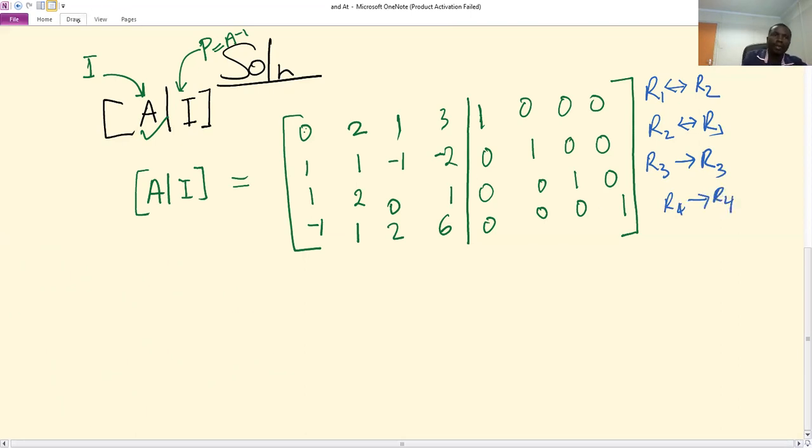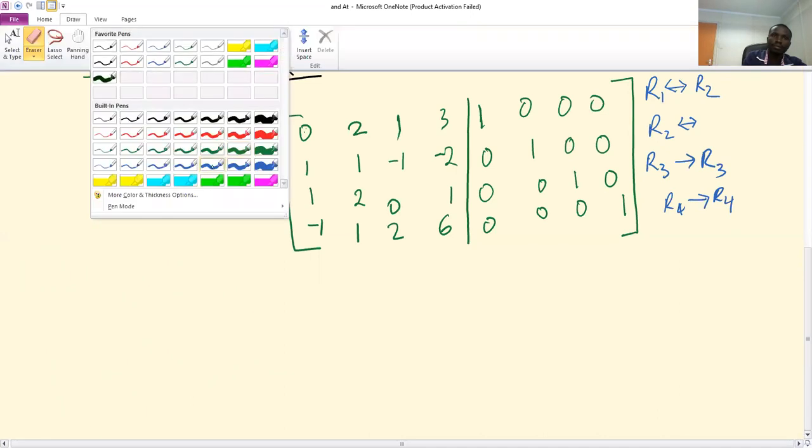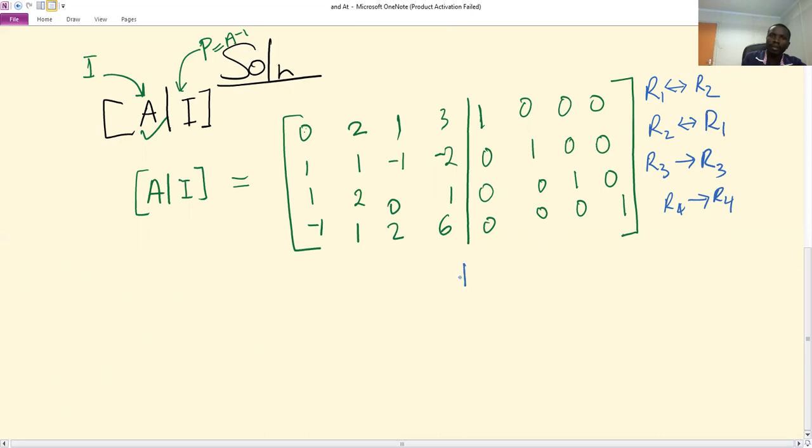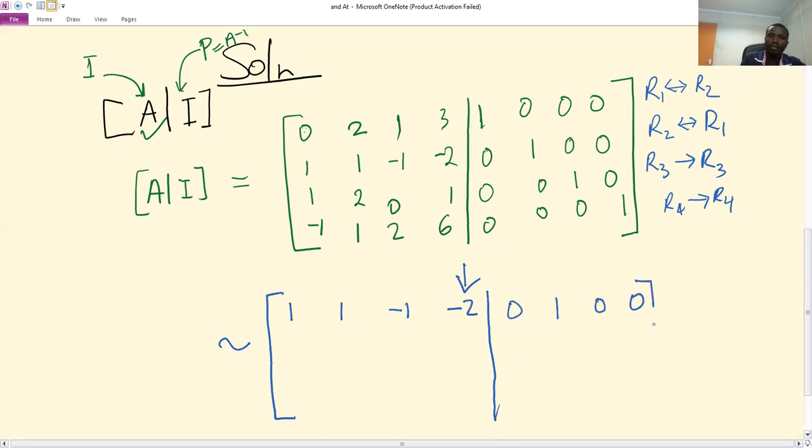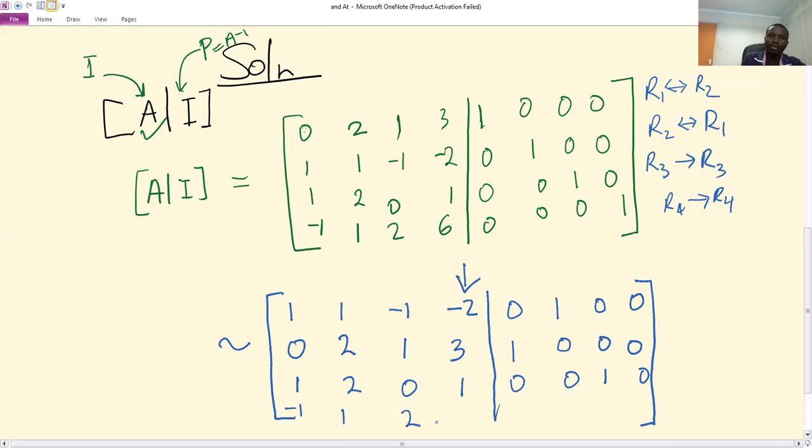By that switching, we will have an equivalent matrix 2, 1, 1, minus 1, minus 2, 0, 1, 0, 0, 0, 2, 1, 3, 1, 0, 0, 0, 1, 2, 0, 1, 0, 0, 1, 0, negative 1, 1, 2, 6, 0, 0, 0, 1.